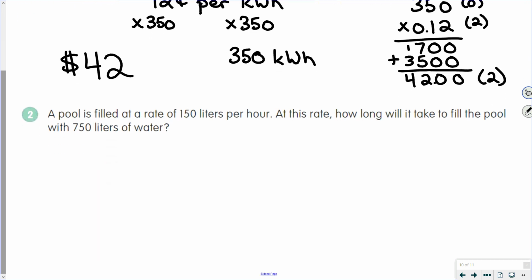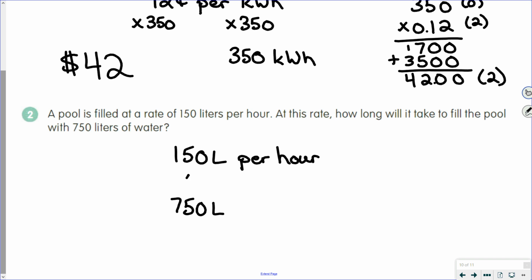The pool is filled at a rate of 150 liters per hour. And we want to get 750 liters of water. So 750 goes here. We just had to figure out how many 150s there are in 750.